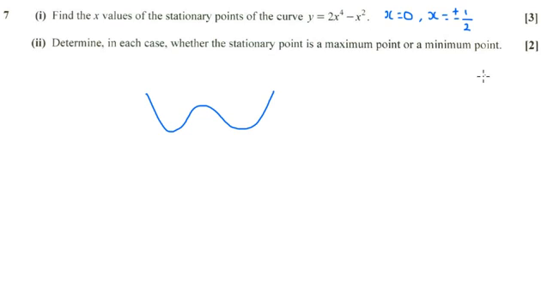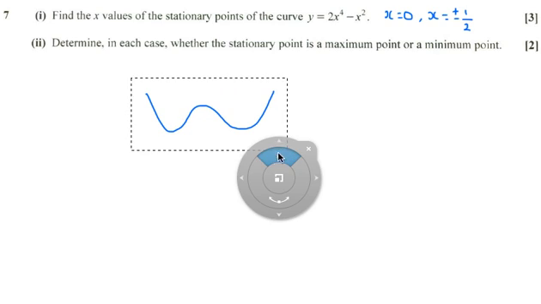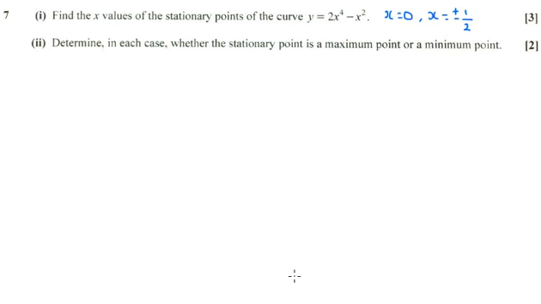But just to be safe, I'm going to go through the standard procedure, which is to find the second derivative and go from there. So I'm going to differentiate the derivative that we got in part 1, the dy by dx from part 1, and substitute these x values in just to make sure that I definitely get all marks.